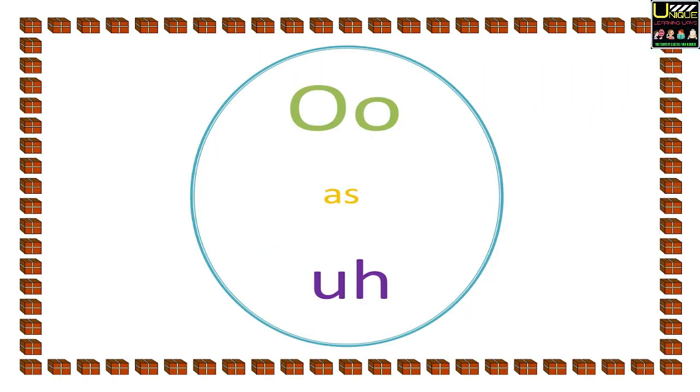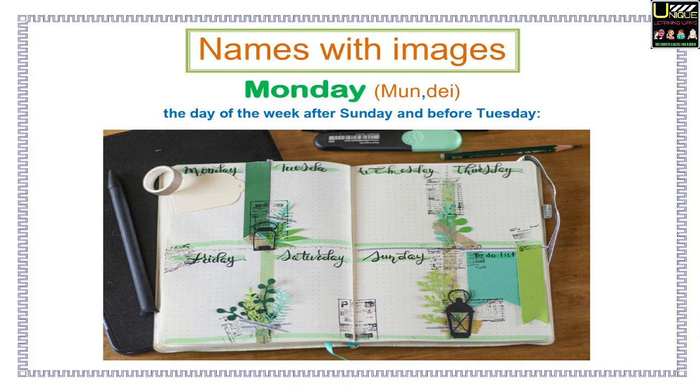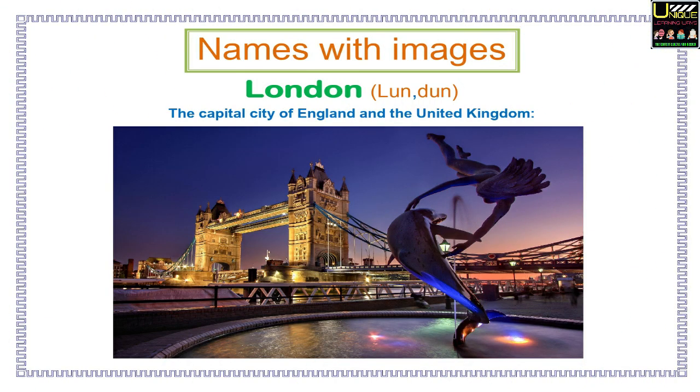O as O. Names with images. Monday: the day of the week after Sunday and before Tuesday. London: the capital city of England and the United Kingdom.